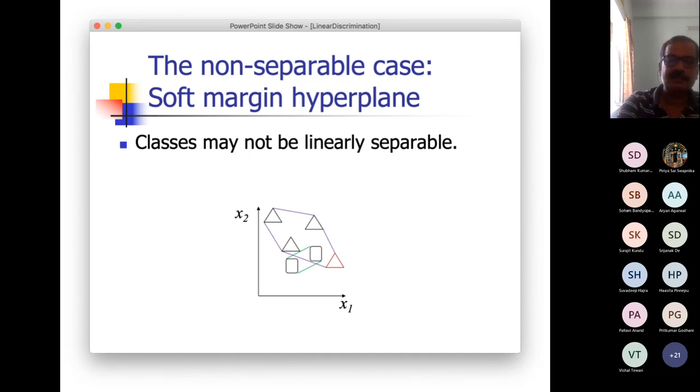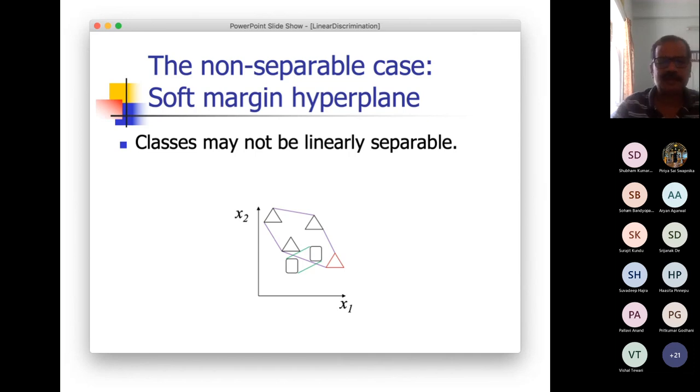In this example, the triangles show samples of a particular class, and the rectangles show the samples of the other class. If I take the convex hull diagram in two-dimensional space, you can see that they are overlapping.